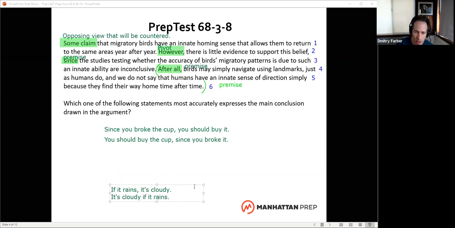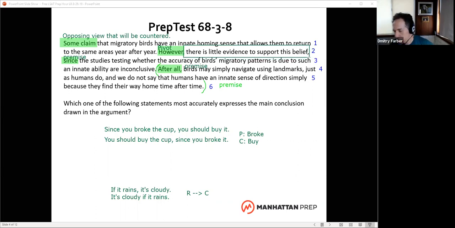Those mean the same thing. They both mean if rain, then cloudy. And so these both mean premise, broke, conclusion, buy. So since can be done either way, but in this case, since the since comes after a statement, that tells us that this part in the middle is a conclusion. So if anyone had any trouble finding the conclusion, we've got a since coming after it.